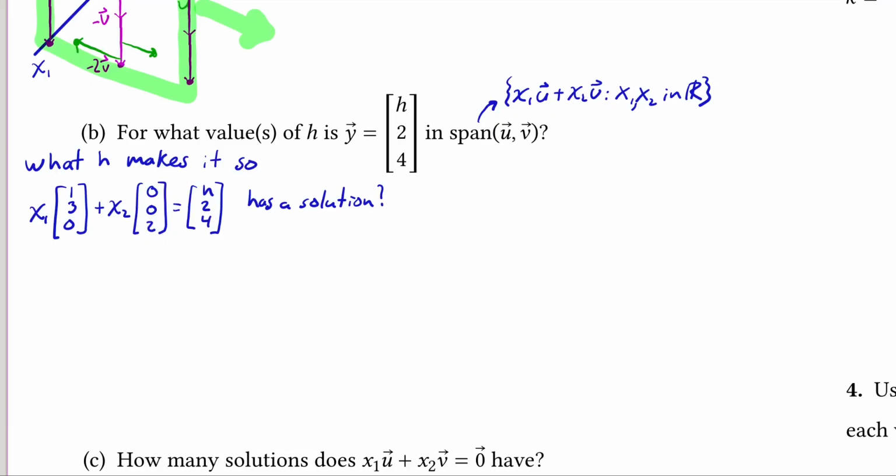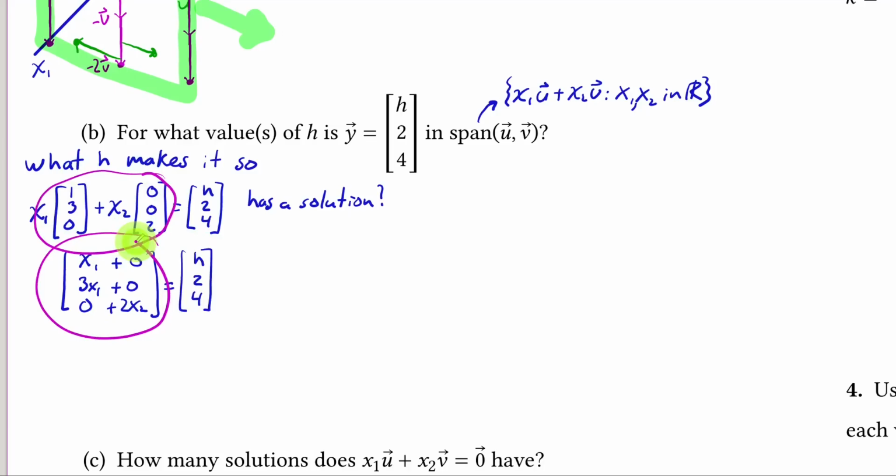So let's write this as a system of equations and as an augmented matrix, row reduce it, and see what happens. This was just doing the scalar multiplication and vector addition here.